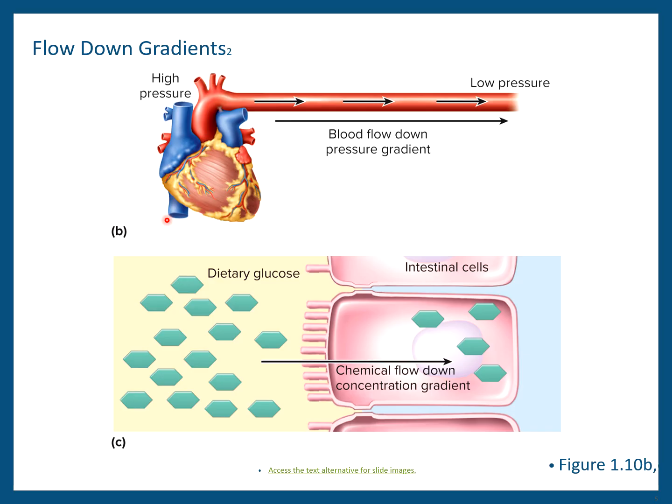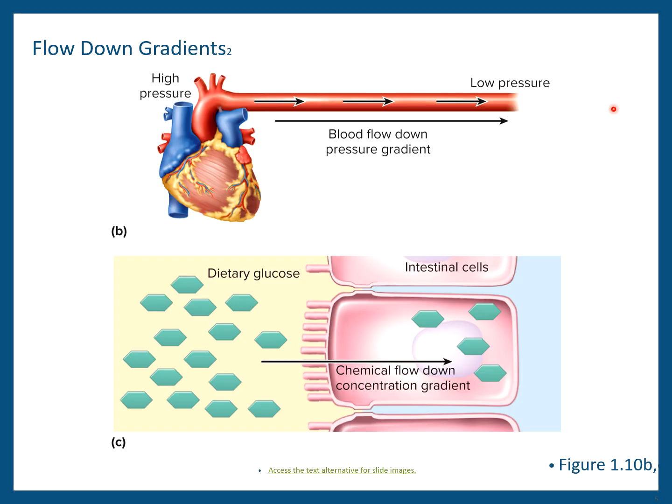And there'll be a low pressure in the arteries. So blood, as pressure builds, will have no choice but to go out of the heart and travel down its pressure gradient to the capillaries within our tissues that have lower pressure.